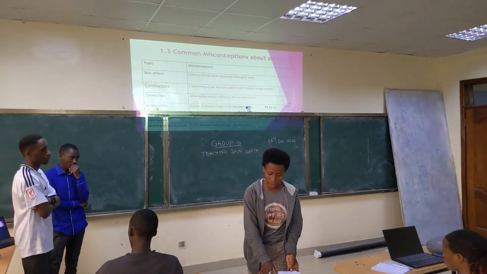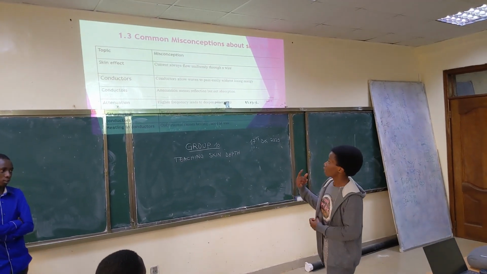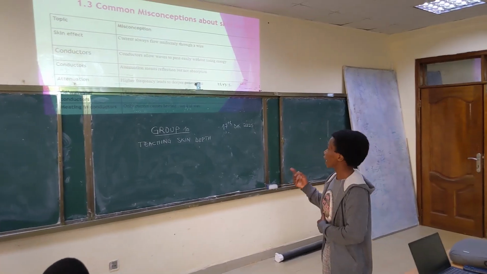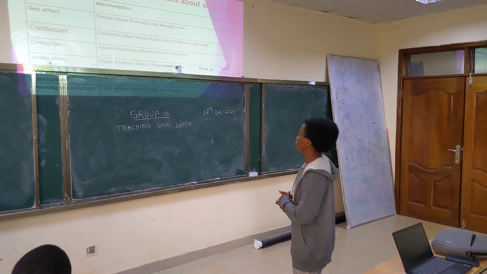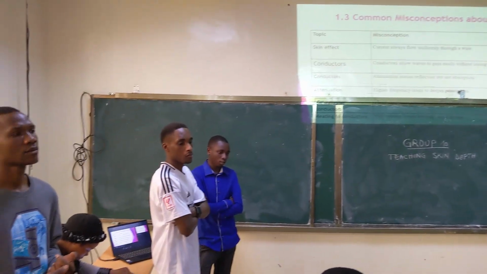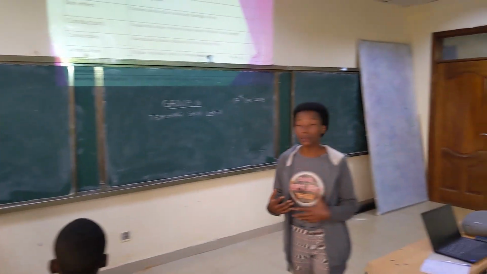So I'm continuing with the common misconceptions about skin depth. Someone may state something that is not true. The first statement: current flows uniformly through a wire. But this is not true, because the current flow depends on the kind of conductor.